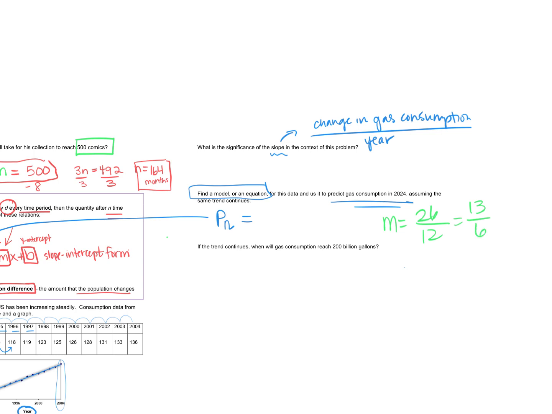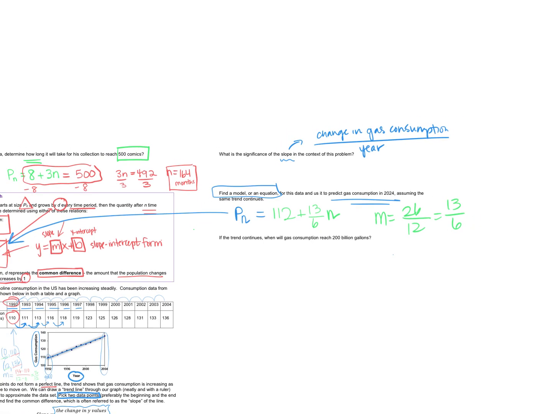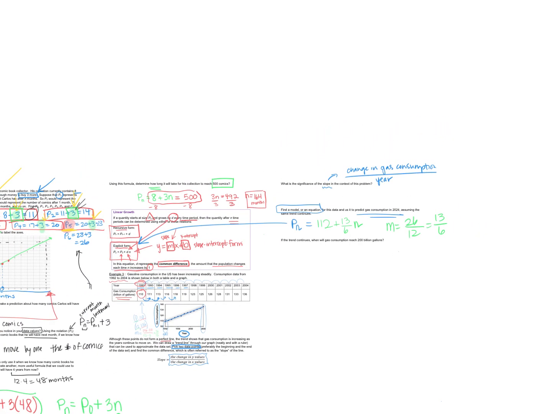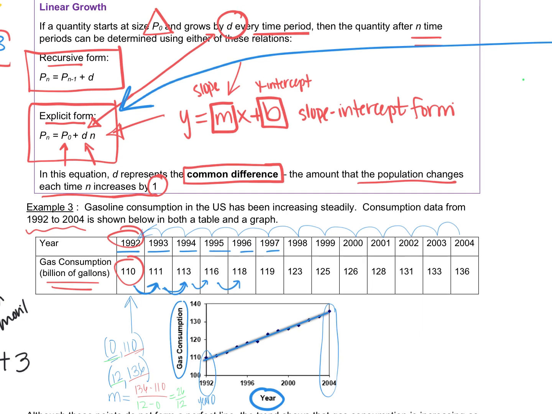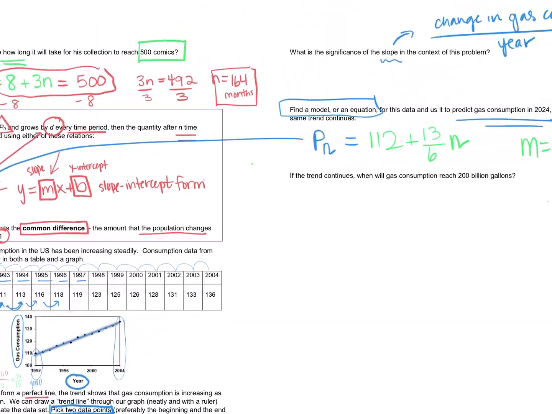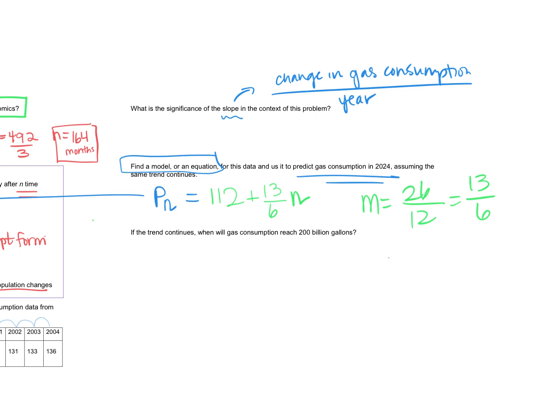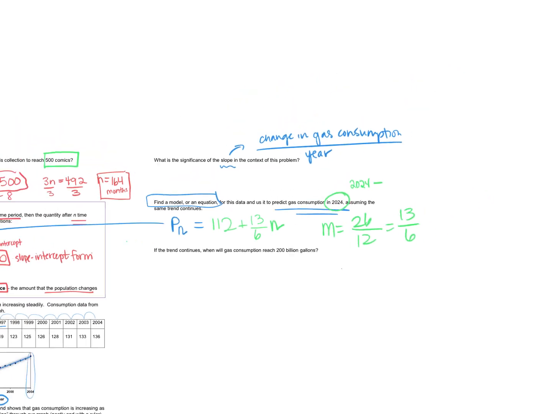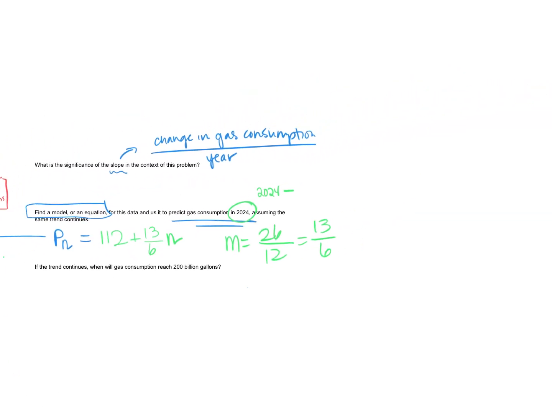So we could say it's going to be that initial value again, which was 112, plus 13 over 6 n. If we're using year 0 here as 1992, and that's the 110, and we want to see what's going to happen in 2024, we could take the 2024 and minus off that 1992.